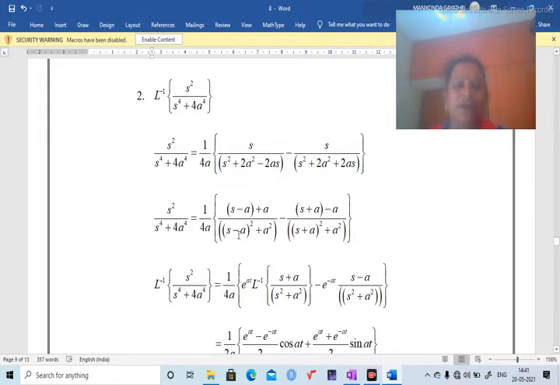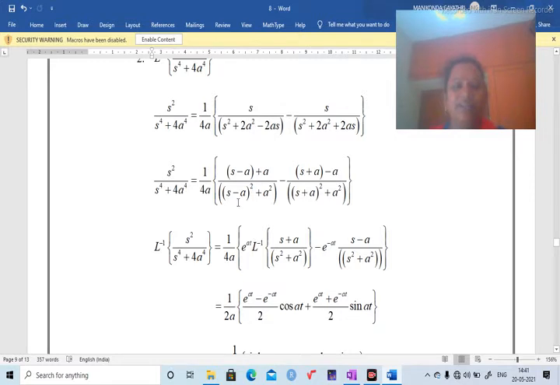So observe, here minus a is there, that's why e^(at), L inverse of (s plus a) by (s² + a²). Again here also e^(−at). After taking e^(−at), here also L inverse is there, L inverse of (s minus a) by (s² + a²).